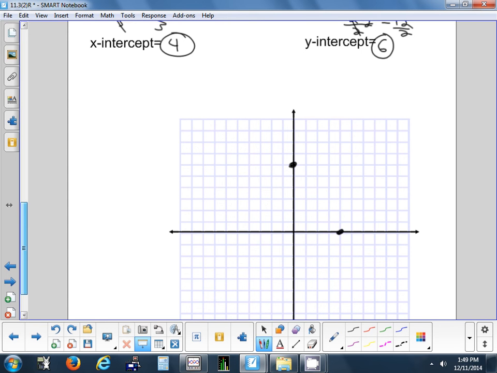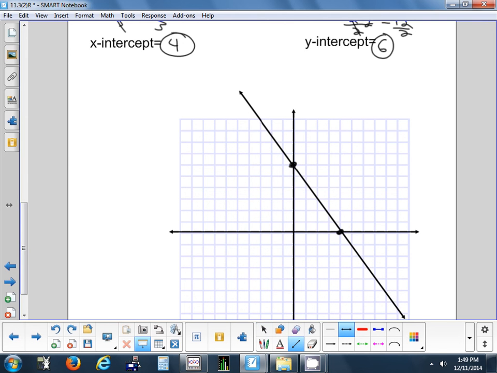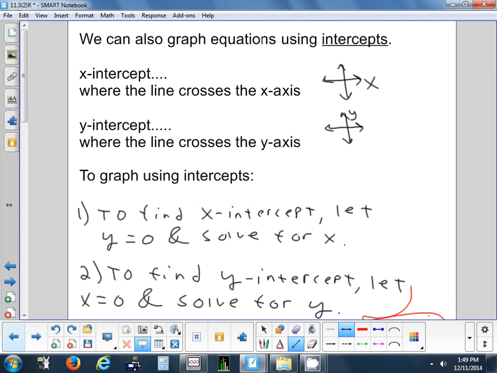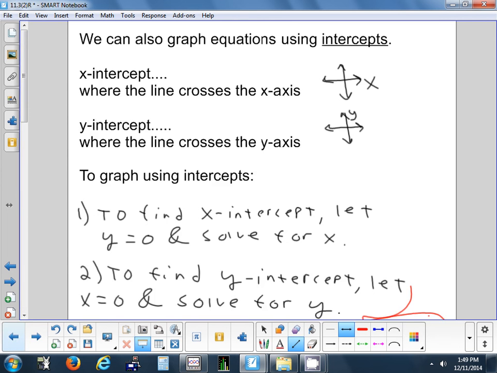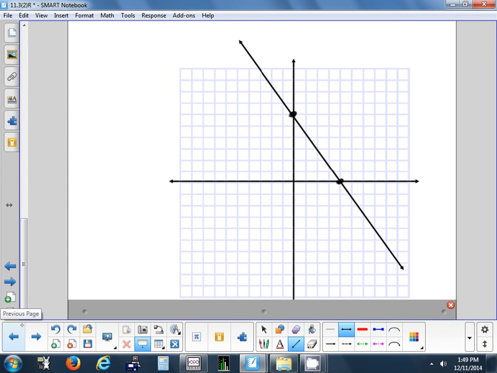Okay, so we got our 2 dots. What's my last step? Make a line. Okay. Any questions on that? Any questions on how we did that?